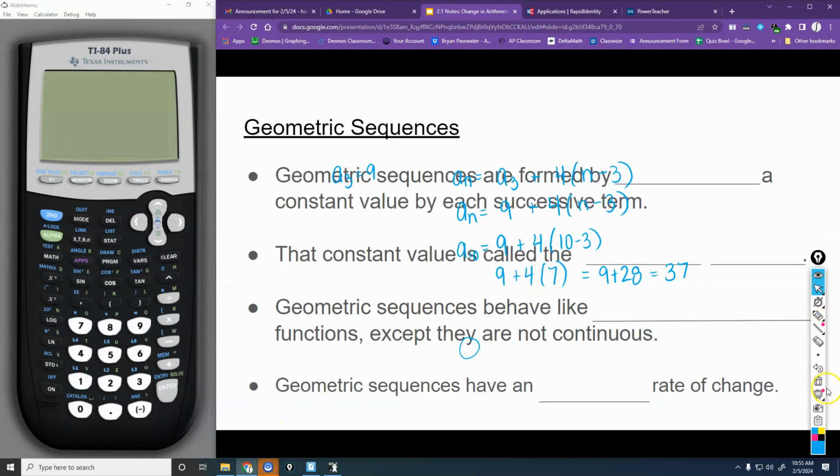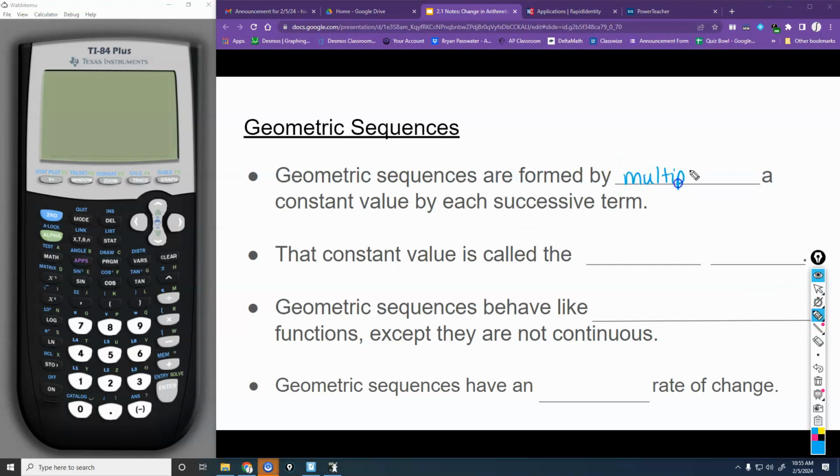All right, let's talk about geometric sequences. Geometric sequences are formed by multiplying. Oh, and I didn't talk about this on arithmetic. I said arithmetic is always adding. Sometimes it looked like we were subtracting, right?